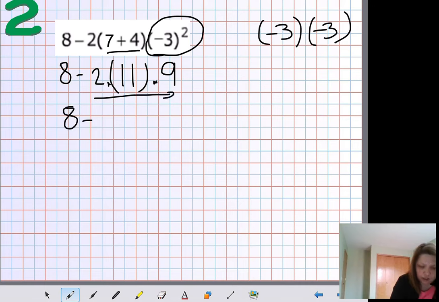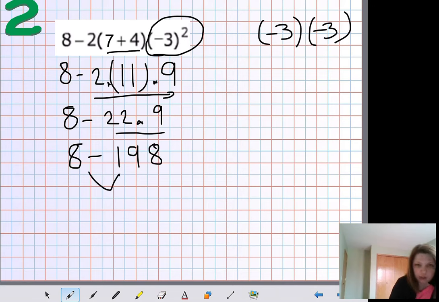So 8 minus 2 times 11 is 22, and then times 9. Okay, so let's multiply those two. 8 minus 22 times 9: 2 times 9 is 18, 180 plus 18 will give us 198. And the final thing, 8 minus 198.